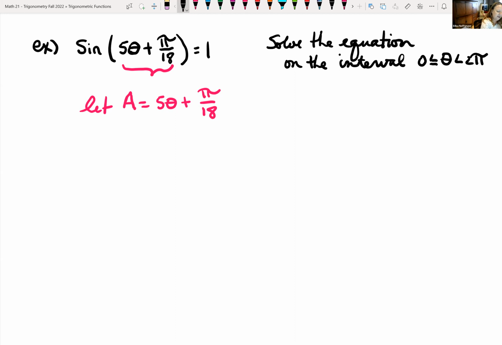And so looking now at when is sine of a equal to 1. Well, between 0 and 2 pi, there's only one value of a that gives me back 1, and that is at pi halves. So a is equal to pi halves.